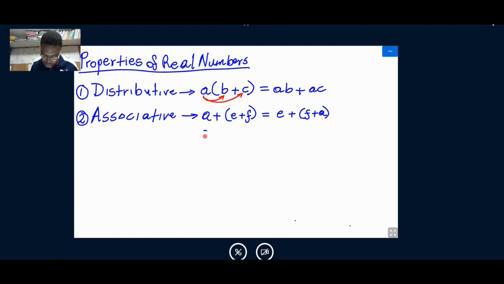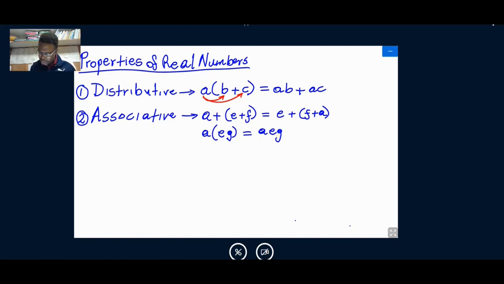You may have A multiplying E and G. So you're going to have A, E, G. This is what you're going to get.